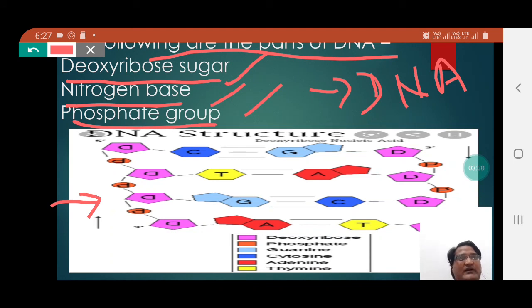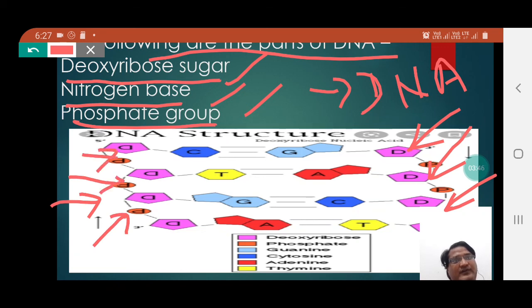Students, now in this diagram, we can clearly notice the deoxyribose sugar which is represented here, and even the phosphate group which is also represented here.